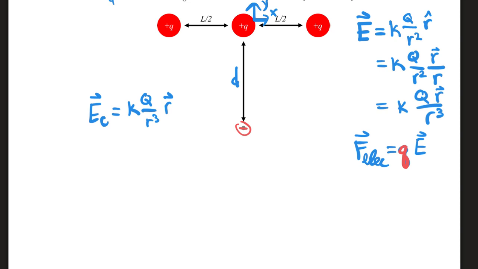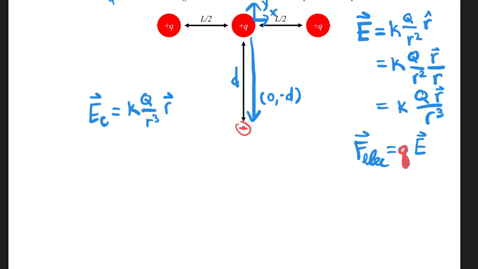So for this one, our r is going to be like this. It has no x component, since it doesn't point left or right, and then we have minus d as the y component of that particular spatial vector.